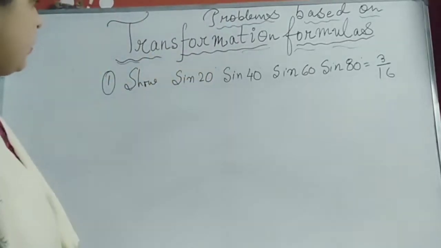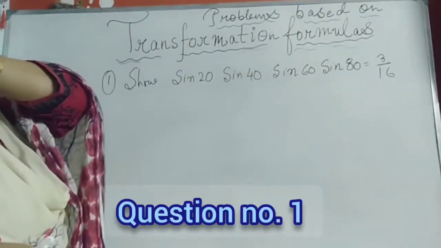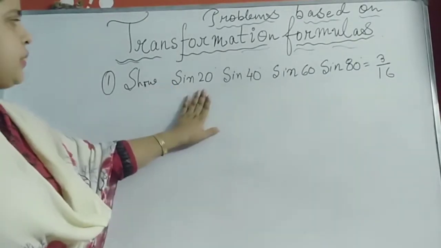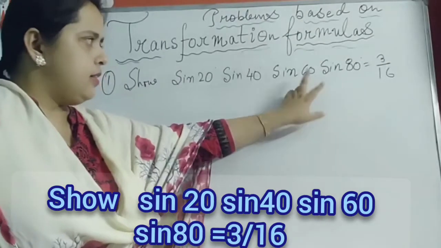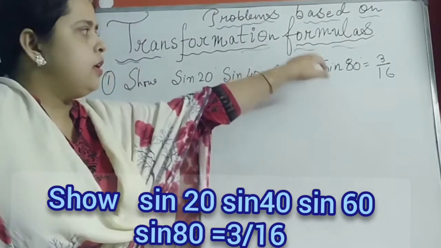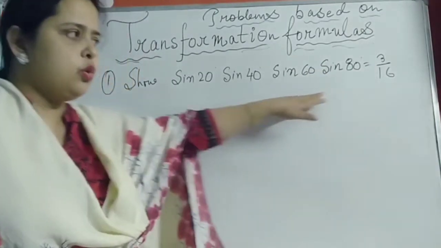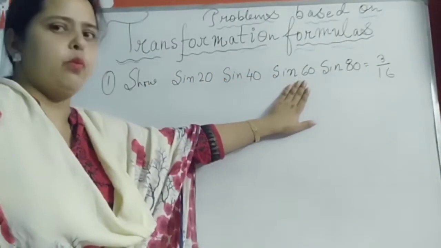Here is a very famous, very common problem of your textbook: show that sine 20 sine 40 sine 60, this is the known one, sine 80 is 3 by 16. So many unknown angles, I would say, except one.